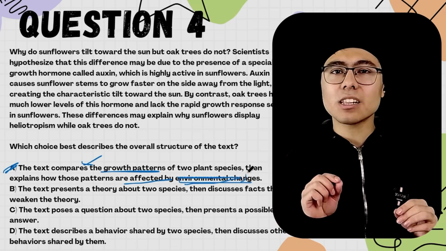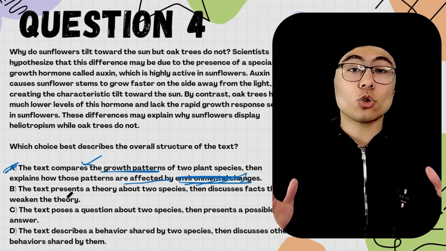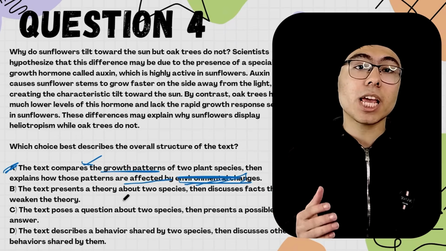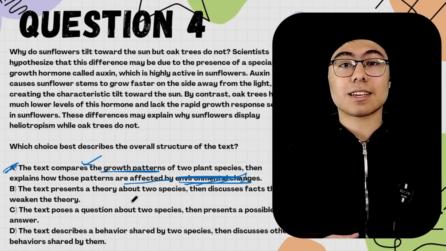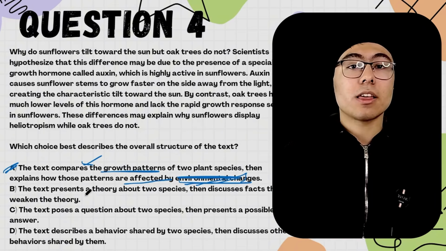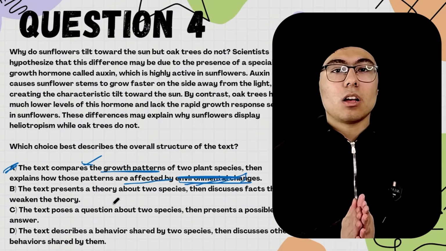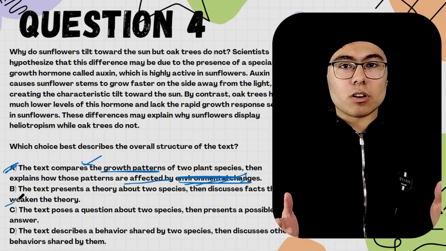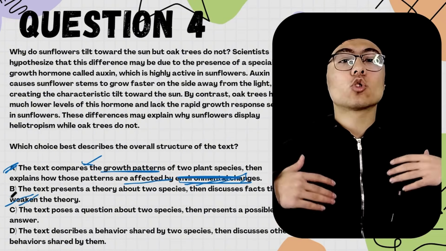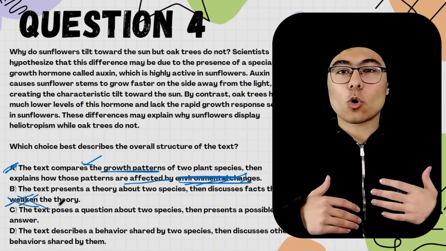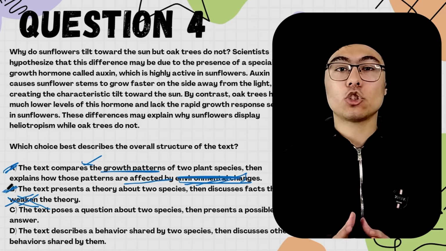Nowhere, not a single mention. So choice A is wrong. Choice B, the text presents a theory about two species, then discusses facts that weaken the theory. Weaken the theory? The whole passage supports the theory. It's not questioning it, so we can eliminate choice B as well.